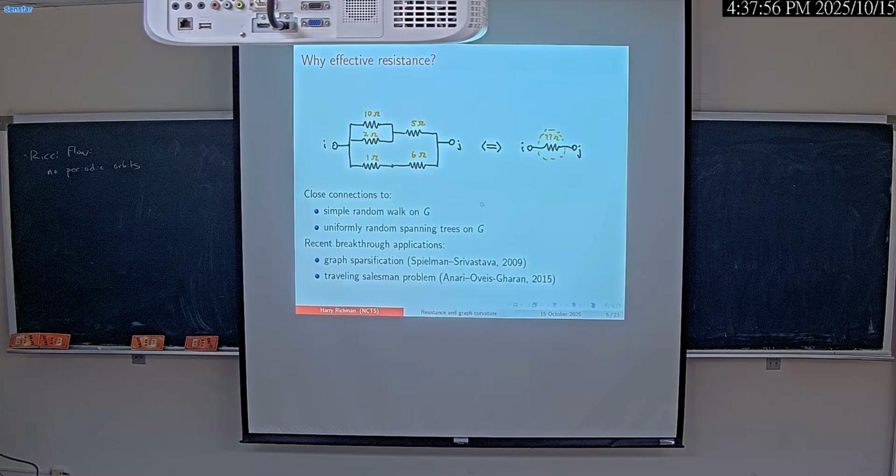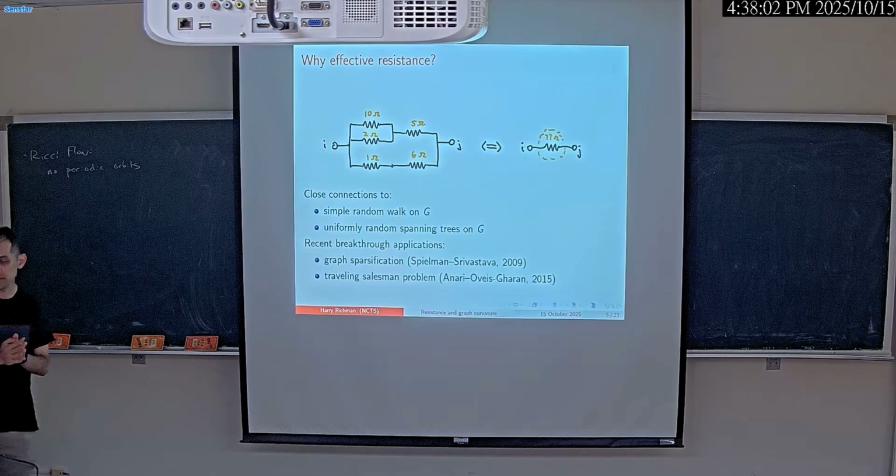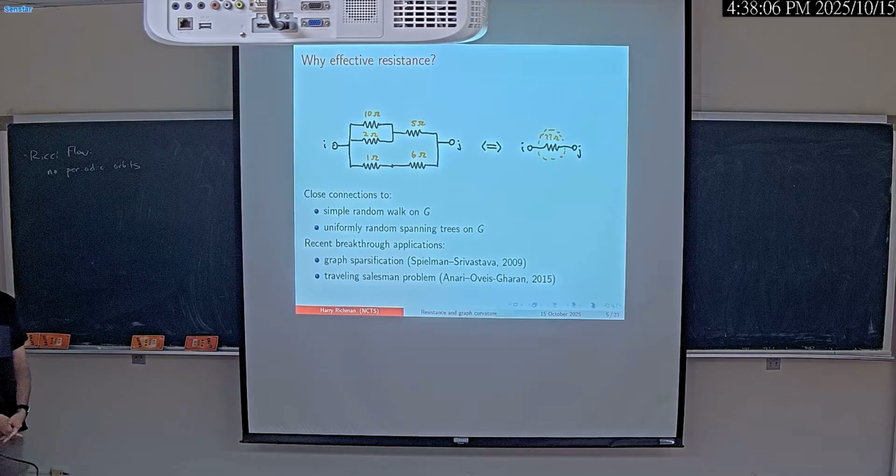And right, it turns out studying effective resistance is also related to probability theory, because there are theorems that relate effective resistance to things like simple random walks on your graph and to sampling random spanning trees on your graph as well.